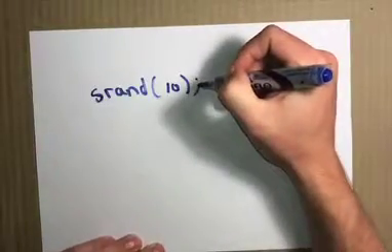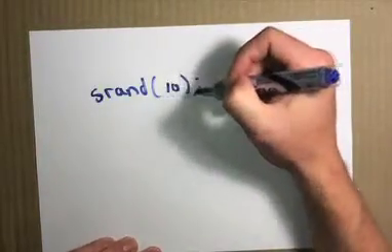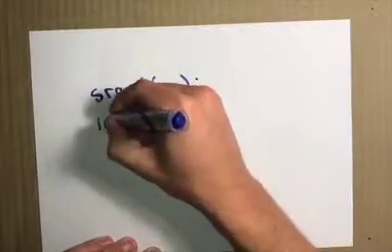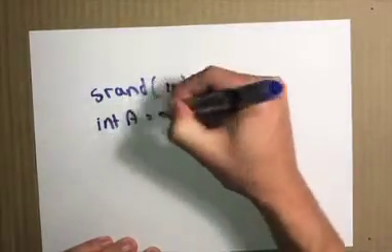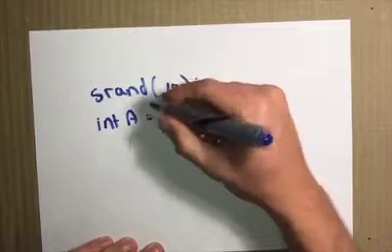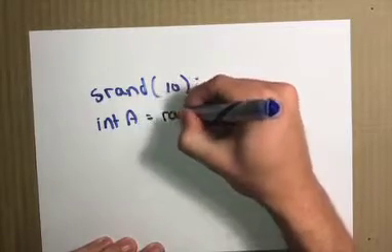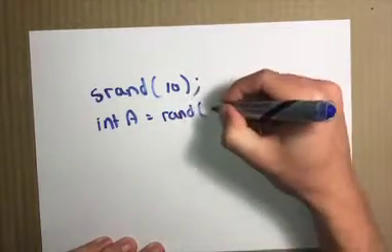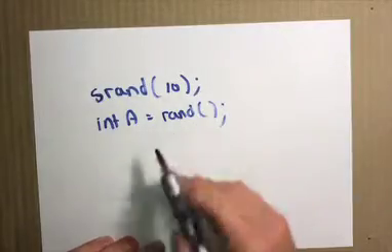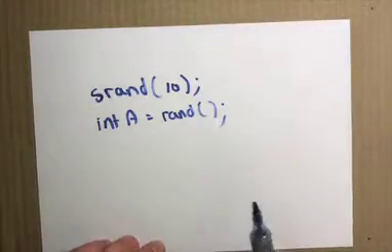After we have given the random function a seed value, then we can create int a is equal to rand(), and a will have a random value.